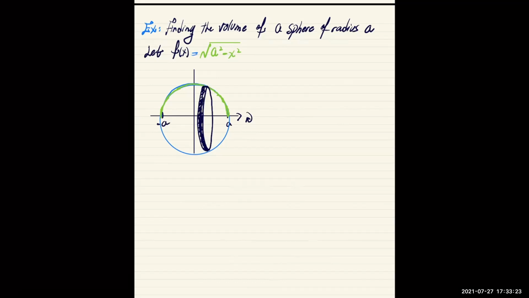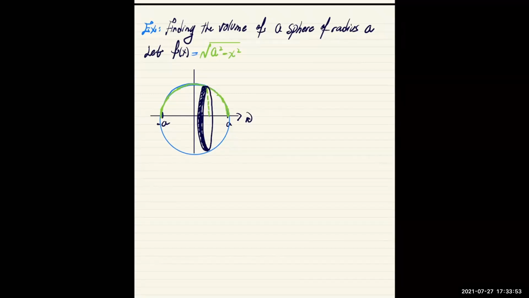So, the main question here is, what is the radius of this disk? We want to know the radius of it. The radius, any distance that you're finding, is always either top minus bottom or right minus left.